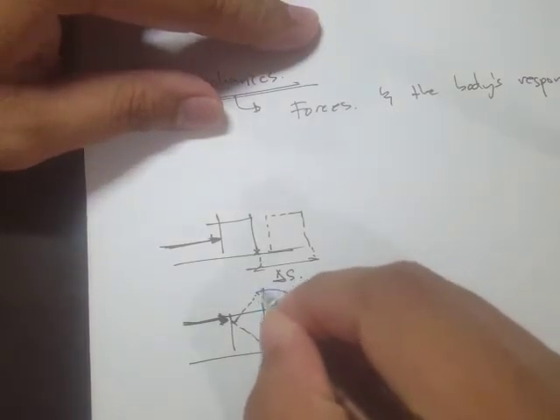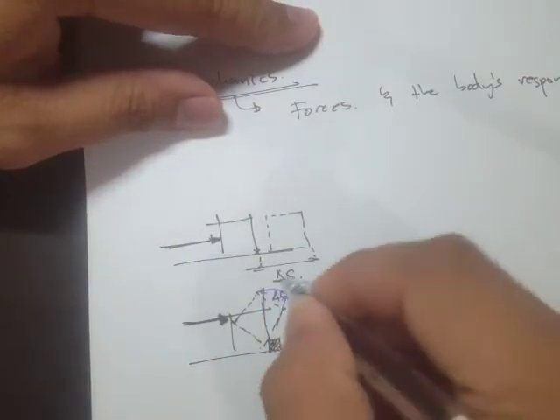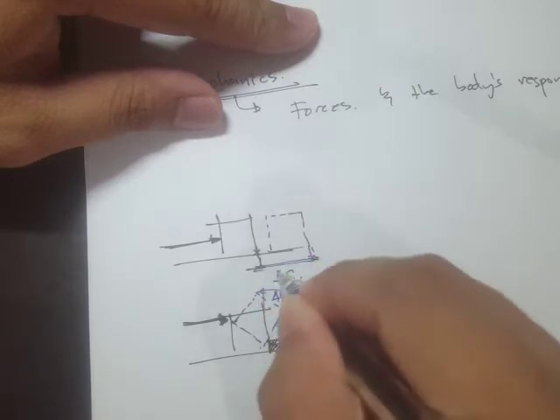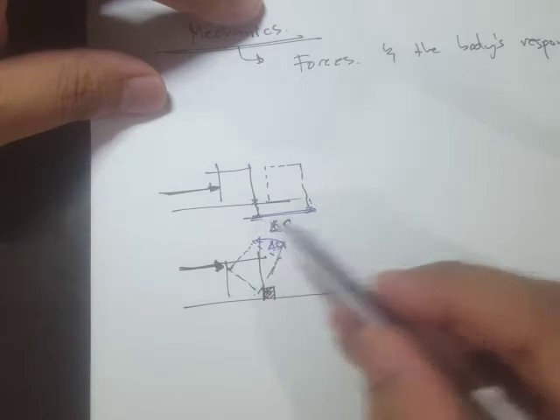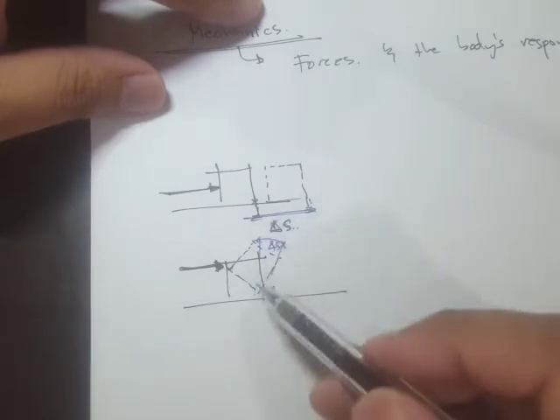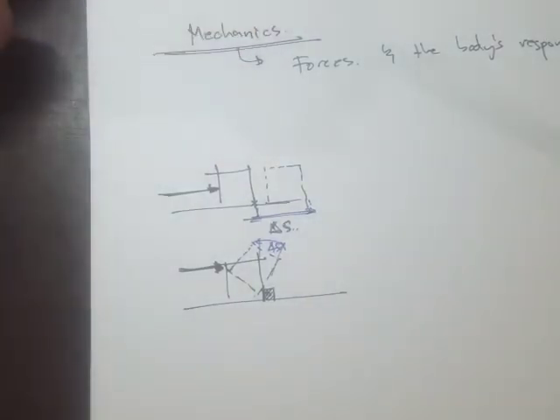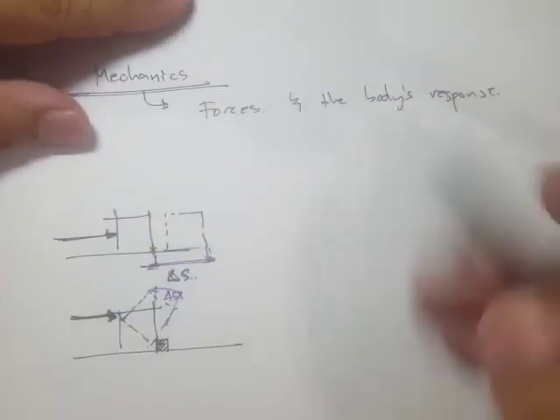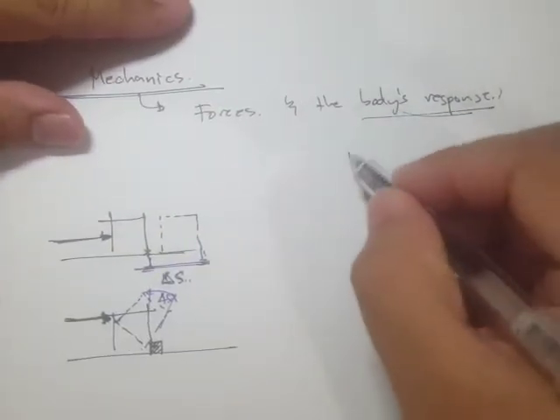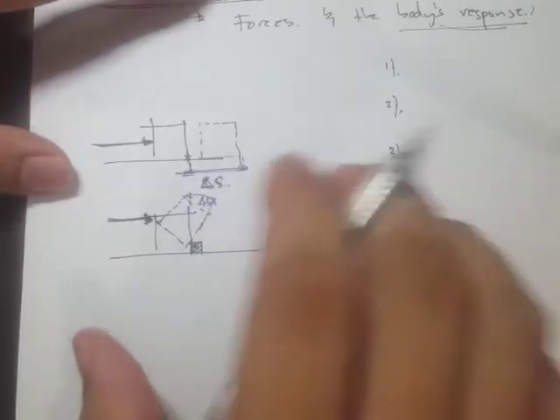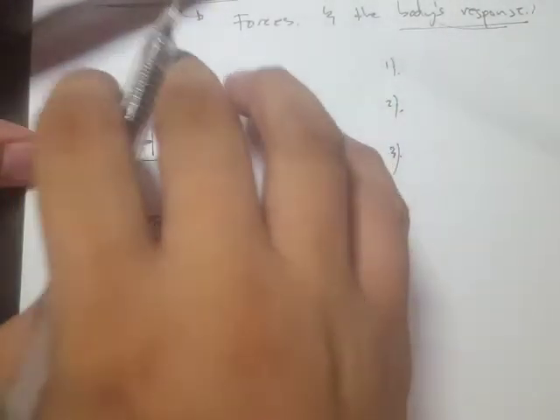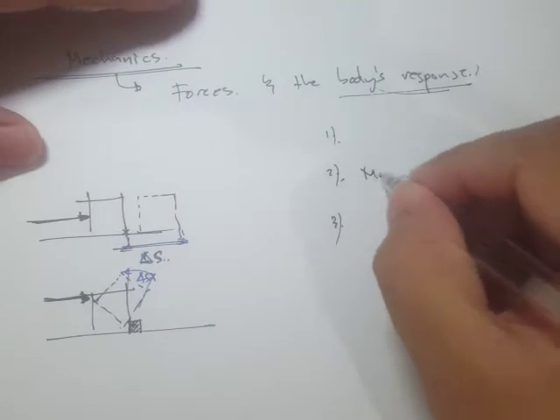So this is our delta S, but this delta S is in terms of angle. This one is in terms of linear motion, and this one is in terms of angular motion. This is what I call a motion response.